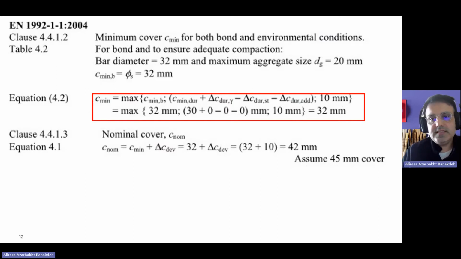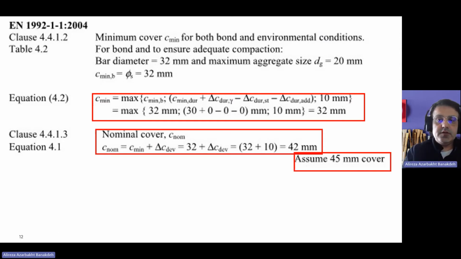So this 10 millimeter is a tolerance that should be taken into account for the human errors in practice. So if you add up 32 and 10 millimeter together, you come up with 42 millimeter. And this is what you really need for your nominal cover. And as I said before, you can round it up to 45 millimeter as your nominal cover.